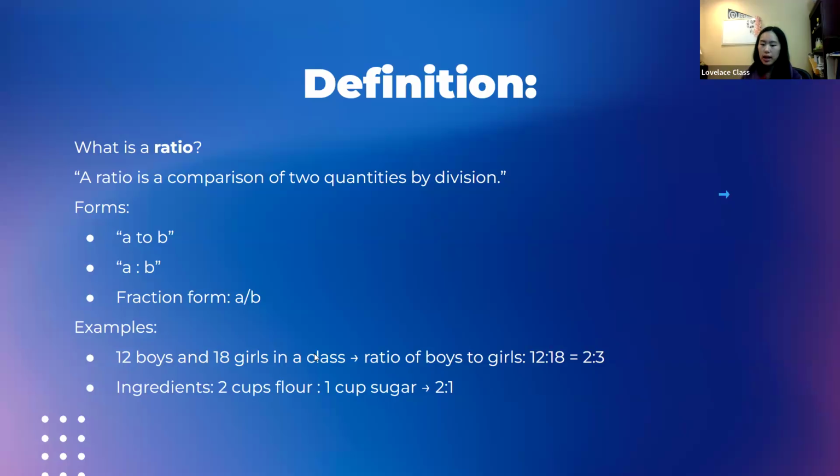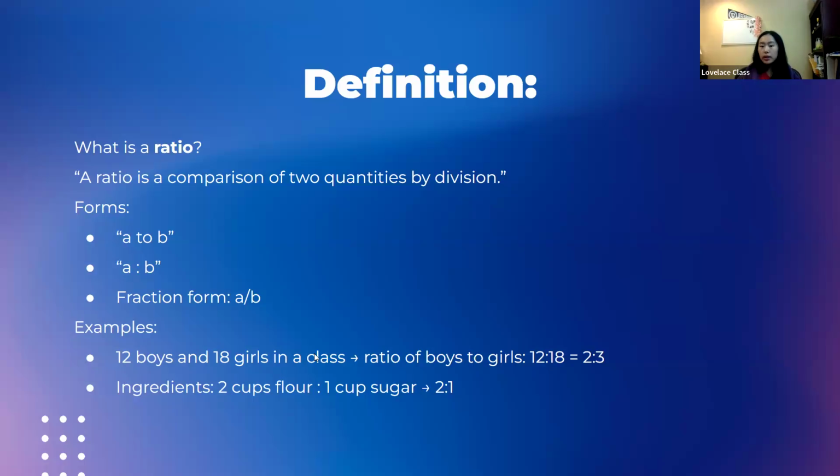So then you do 12 to 18. I like to write it with a colon just because I think it looks nicer, because a lot of fraction form we use division, and also when we start comparing, we'll also use division. So I think this is easier. And then you can simplify 12 to 18 to 2 to 3, and I'll go over simplification a bit later, but that's conceptual.